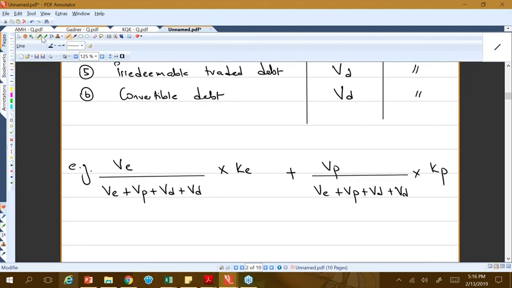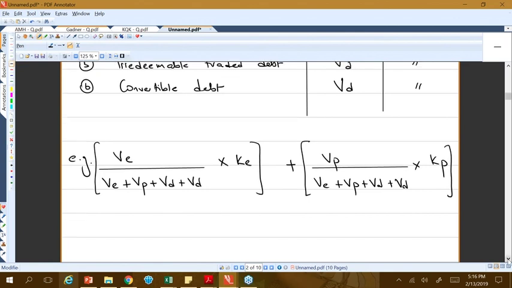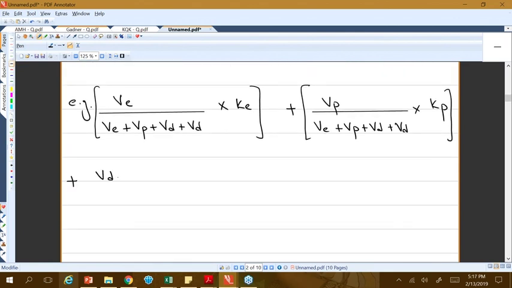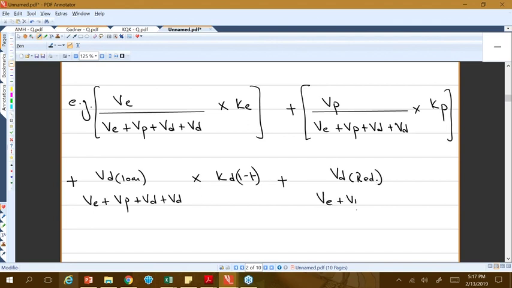Assuming a business is using ordinary share capital, preferred capital, and two types of debt. First, let's say the bank loan. So this is the loan: VD over VE plus VP plus VD plus VD into KD, 1 minus the T. And it is also using some redeemable bonds or redeemable debt: VD over VE, VP, VD plus VD into KD, 1 minus the T.